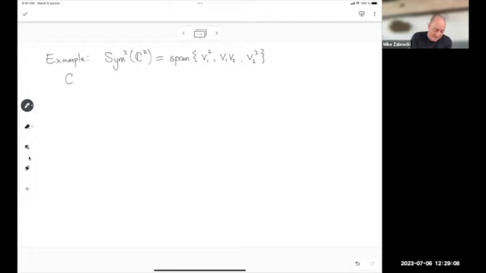Now, Rosa mentioned that it's a GL2 character, equal to S2 of X1, X2. This is X1 squared plus X1 X2 plus X2 squared. But we want to see it as an S2 character.